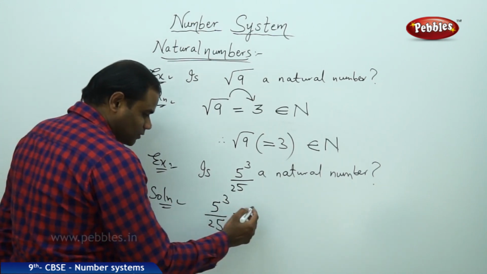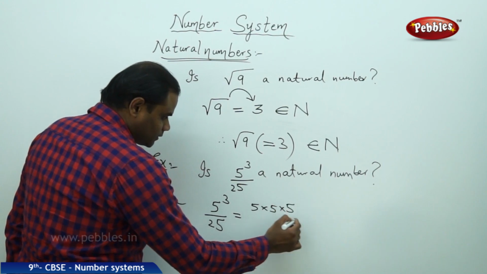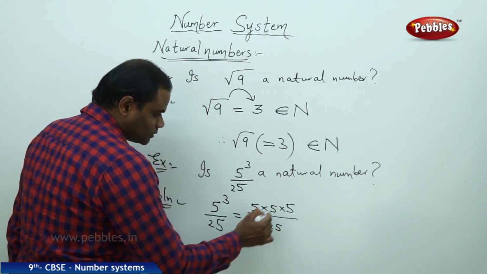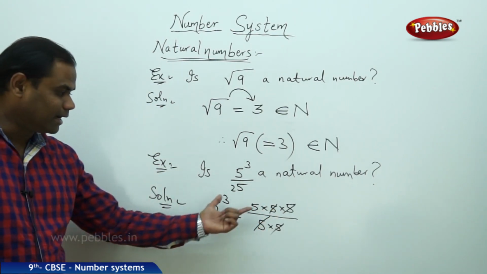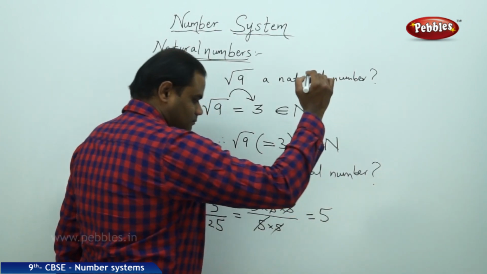Now we know that 5 cubed is 5 times 5 times 5, and 25 can be written as 5 times 5, and then the two 5's get cancelled out here. Finally I am left with only one number, which is 5.